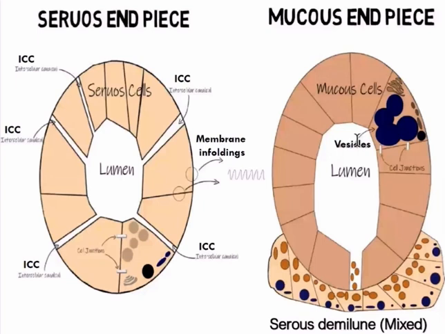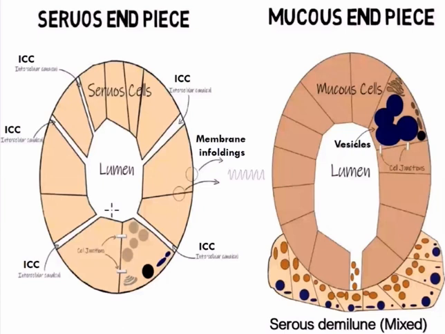Other contents that are found in the serous acini, for example, we can have minerals. It contains many minerals because the saliva acts as a buffer, okay, to maintain the integrity of the enamel. It has the minerals and the ions.